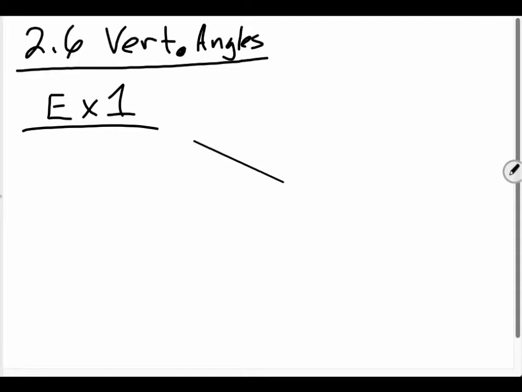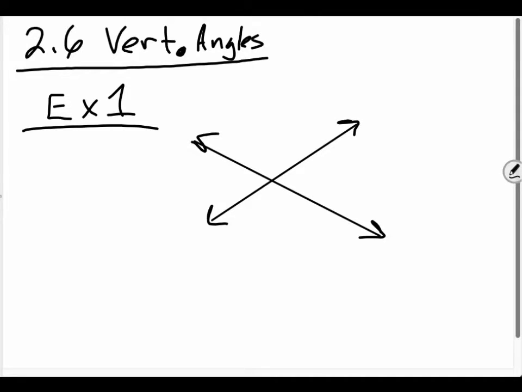All right, vertical angles. Vertical angles occur when you have two lines that intersect. Okay? So we're going to have two lines that intersect. And basically, let's call this angle 1, now let's call this angle 3, and then let's call this angle 2, and we'll call this angle 4.